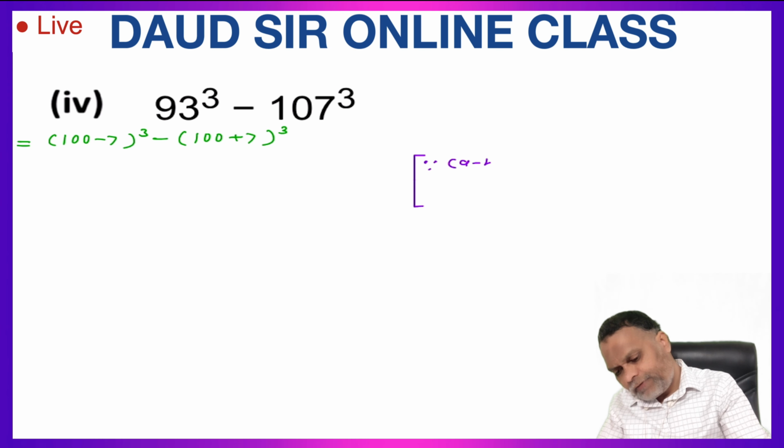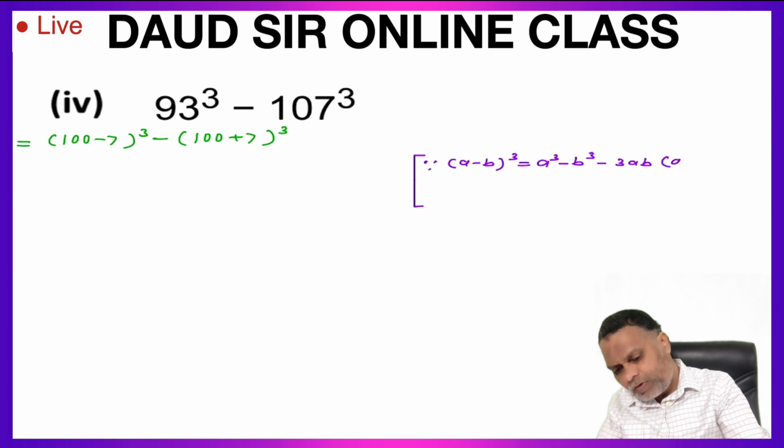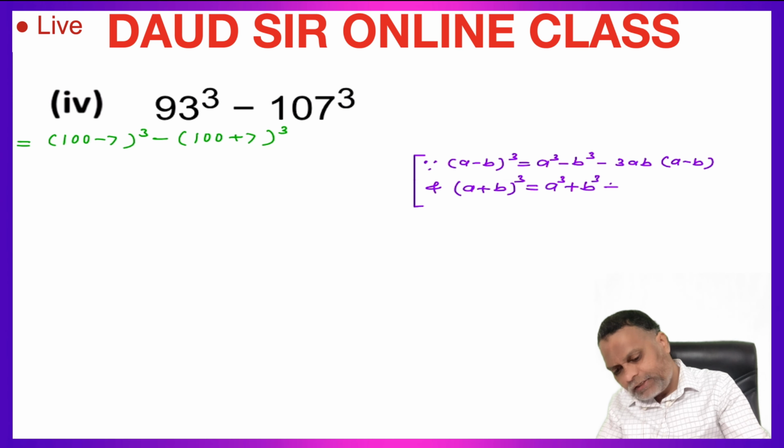A minus b in first bracket, a minus b whole cube, a cube minus b cube minus 3ab into a minus b, and in second bracket a plus b whole cube, a cube plus b cube plus 3ab into a plus b.